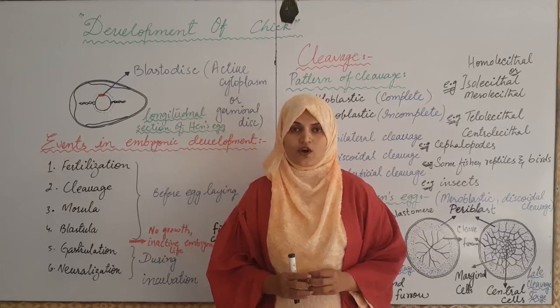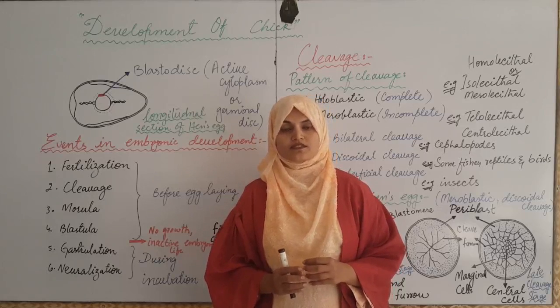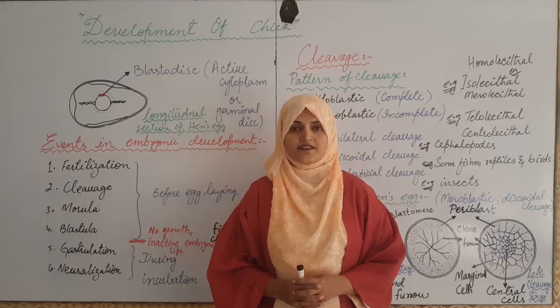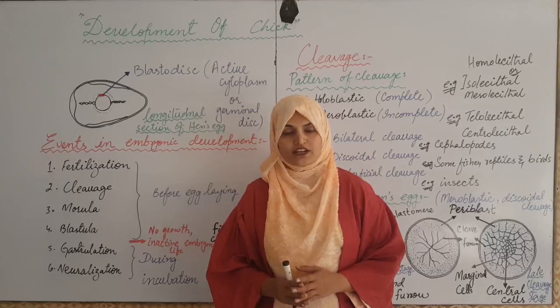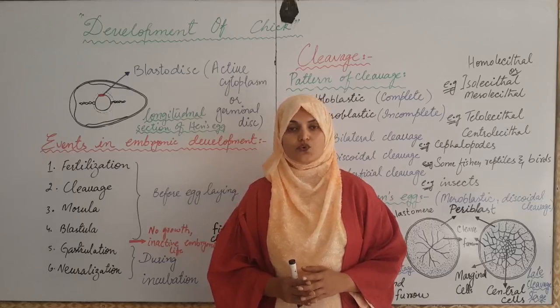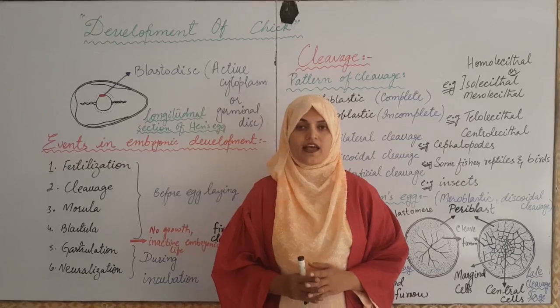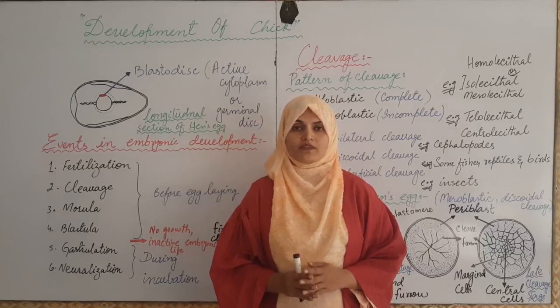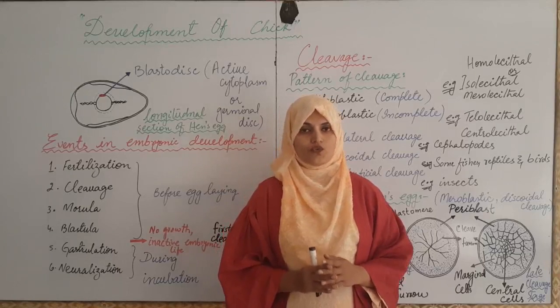When zygote is formed, the secondary division takes place and the polar bodies are formed. These two polar bodies later degenerate and the mature ovum passes through the oviduct.